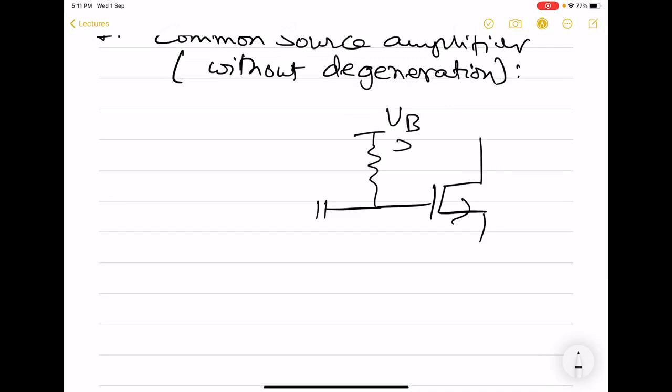So here we have a DC at the gate, source is grounded, for biasing purpose, and here we are giving a time varying input, which will be sinusoidal.